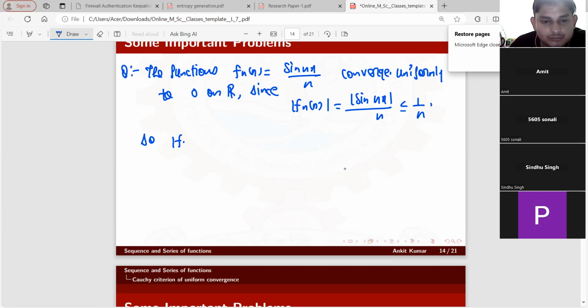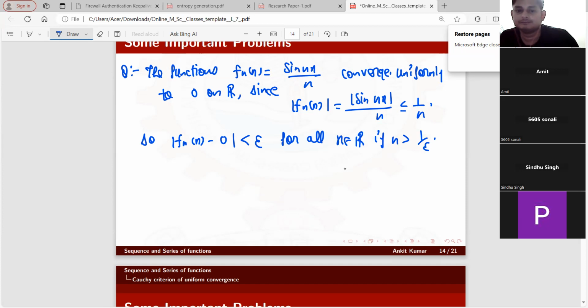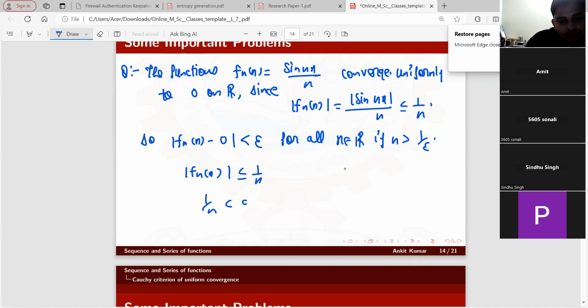So |f_n(x) - 0| is less than epsilon for all x belonging to R, if n is greater than M. Because |f_n(x)| is less than or equal to 1/n, so 1/n is less than epsilon, so n is greater than 1/epsilon.